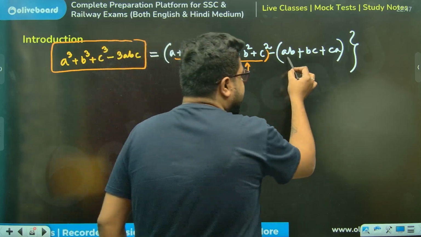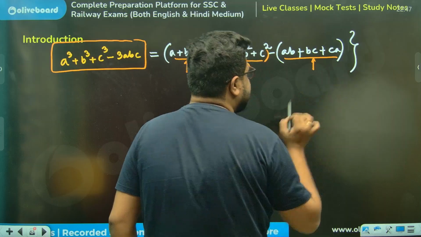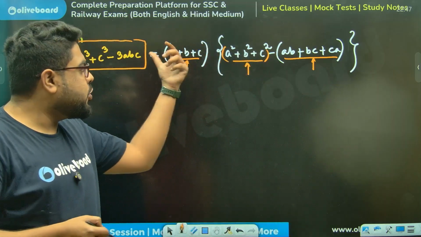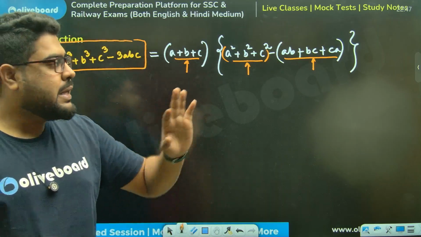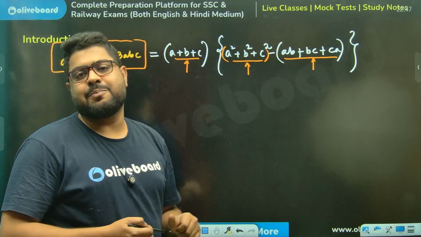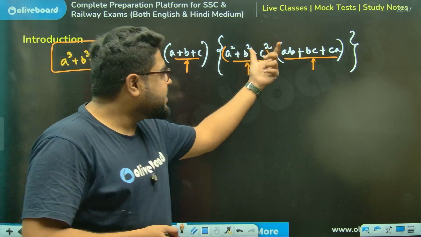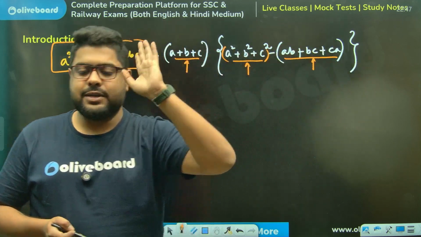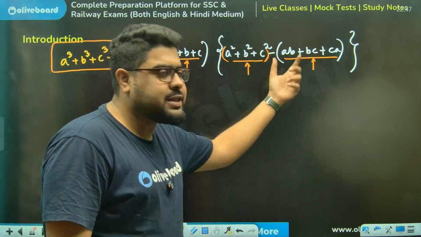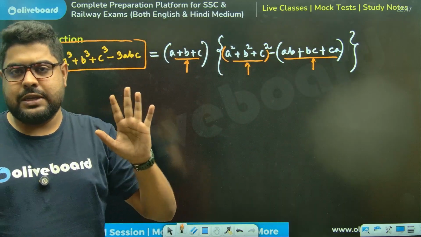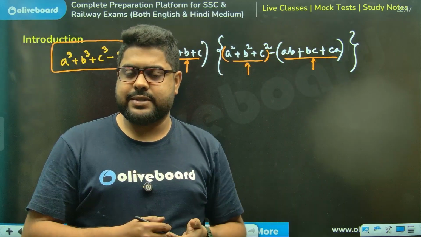And you need the value of ab plus bc plus ca. So there are three components to this formula. Now, generally, what will happen? They will give you 2 out of 3 components, and they will ask you to figure out the value of the third component. That's the rule. That is how they will frame the questions.